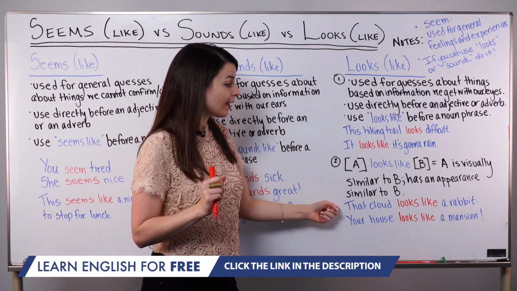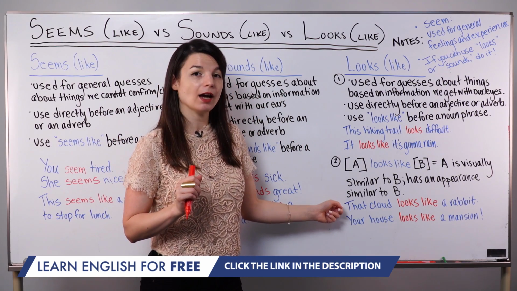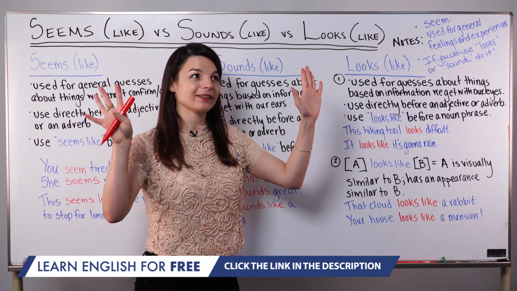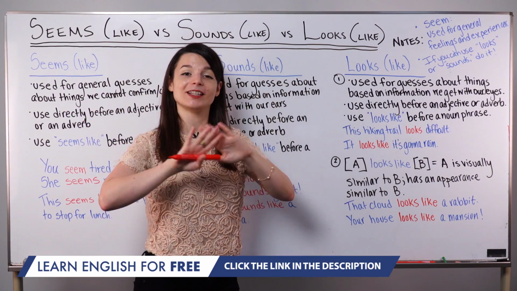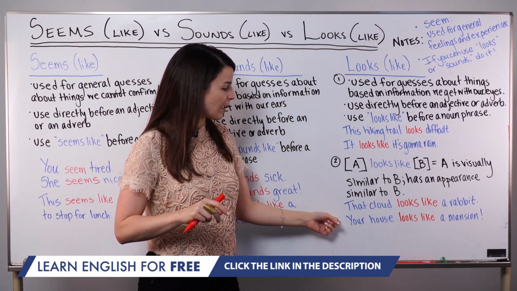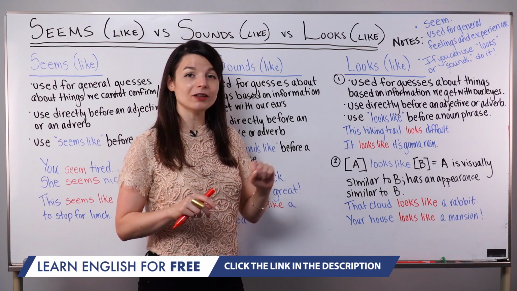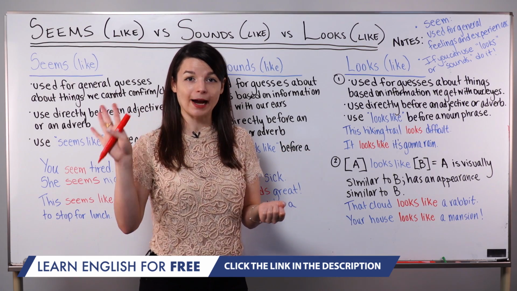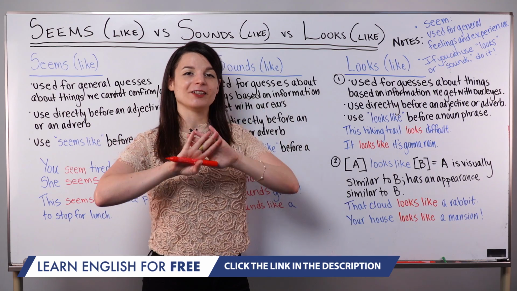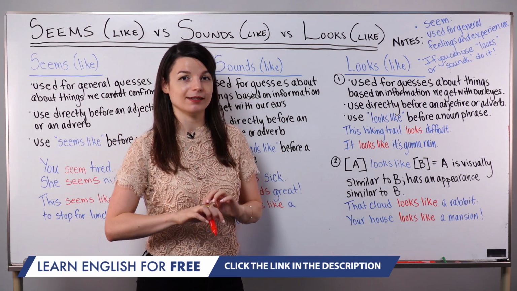Examples. That cloud looks like a rabbit. So that cloud, A, looks like a rabbit. So that means the two things have the same appearance or a similar appearance. Another example, your house looks like a mansion. Your house, A, looks like a mansion, B. So the two things have similar appearances.